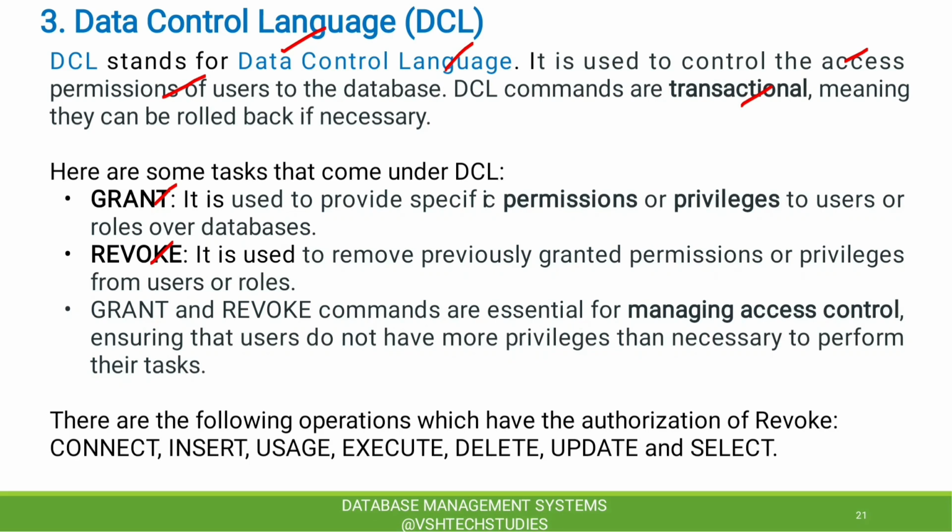Grant command is used to provide specific permissions or privileges to users or roles over databases. Revoke command is used to remove previously granted permissions or privileges from users or roles. So grant and revoke commands are essential for managing access control, ensuring that users do not have more privileges than necessary to perform their task.